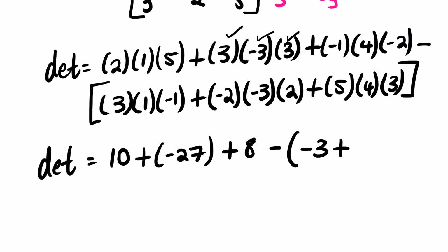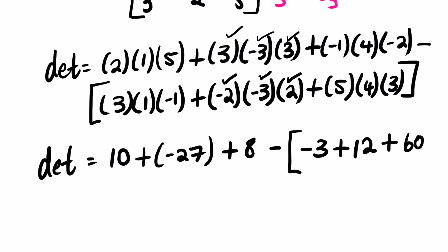Plus, let me put a square bracket here, plus negative 2 multiplied by negative 3 multiplied by 2, we have 12, plus 5 multiplied by 4 multiplied by 3, we have 60.